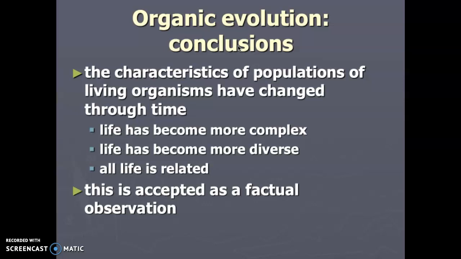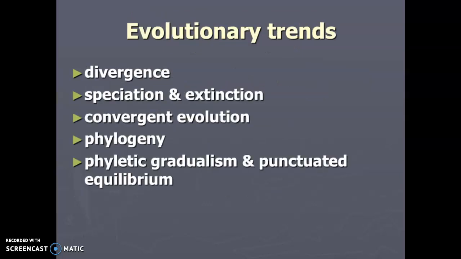And it becomes the basis for everything from dissecting cats in the laboratory to using animals as an analog for understanding human health and human behavior. I think there was a researcher that once said biology doesn't really make any sense unless you understand organic evolution. So we're going to skip past the evolutionary trends.